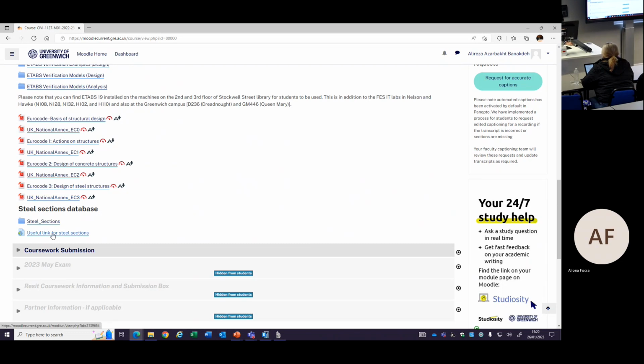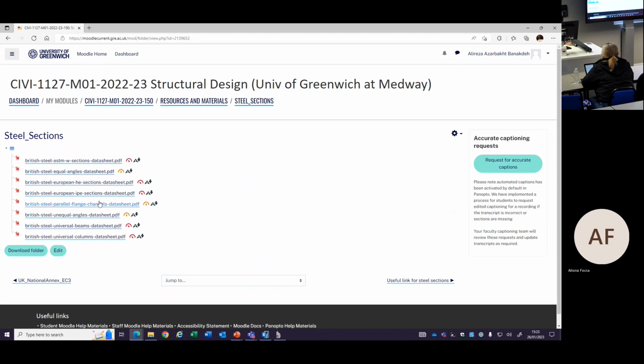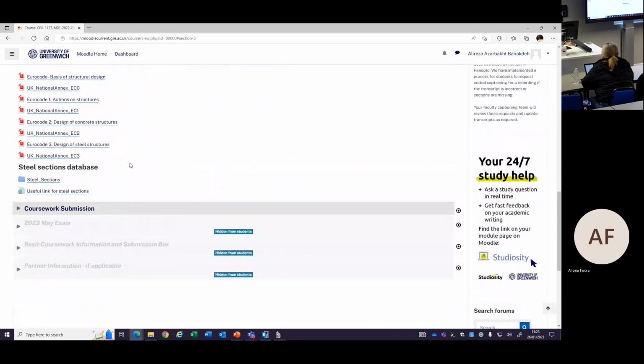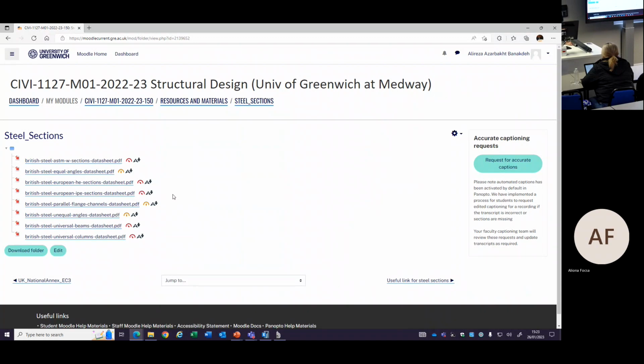So these two are also, especially this one, steel sections. It's a folder. If you go through it, I don't know if you can download all of them.